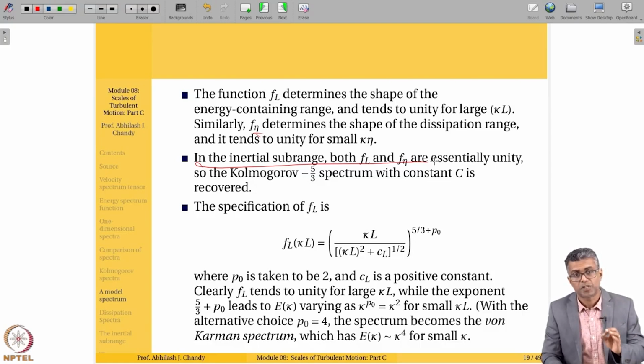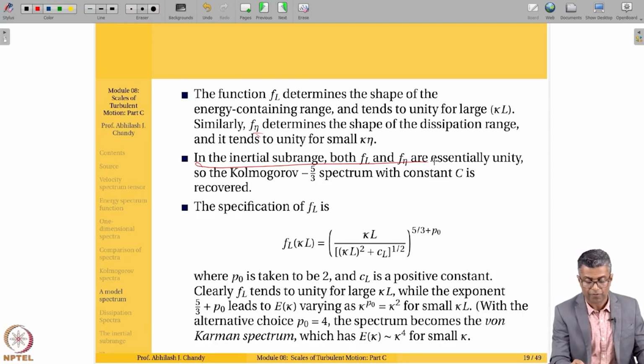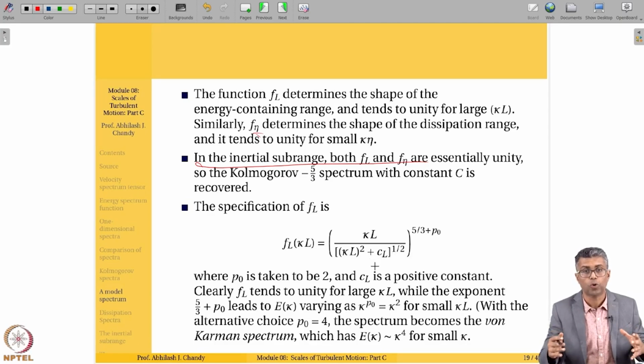Now, how do you specify FL? There is a way to specify FL. FL of kappa L is kappa L over the square root of kappa L squared plus CL, the whole thing raised to 5/3 plus P naught. Now, the P naught value is taken to be 2 and CL is a positive constant. As you can see, the FL tends to unity for large kappa L. How is that?